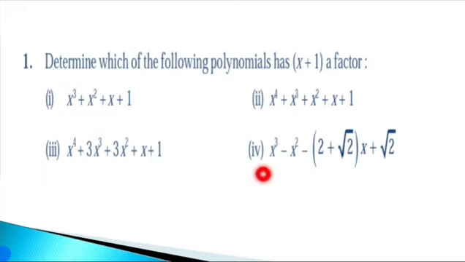And the fourth sub question is x to the power of 3 minus x to the power of 2 minus (2 plus root 2) into x plus root 2. So this is the first question.